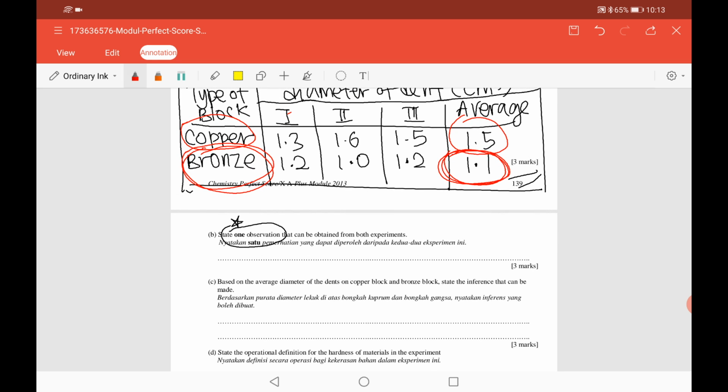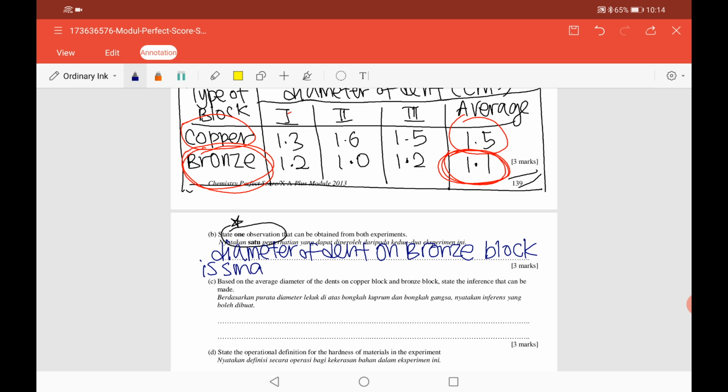So we can write it up. Our answer, I'll write in this way. You can say diameter of the dent, or you can say size of the dent on the bronze block is smaller.